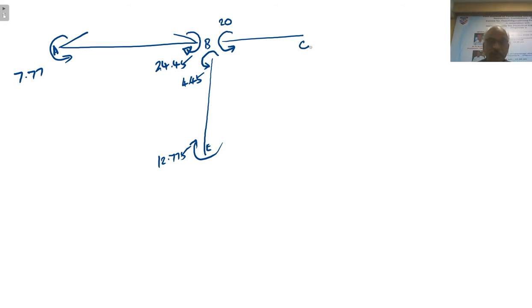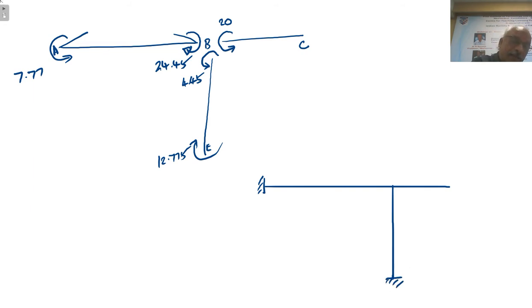So for this we have to draw the bending moment diagram. So if this is the frame, here it is fixed, here also it is fixed, right.